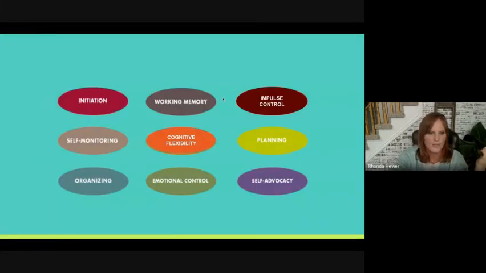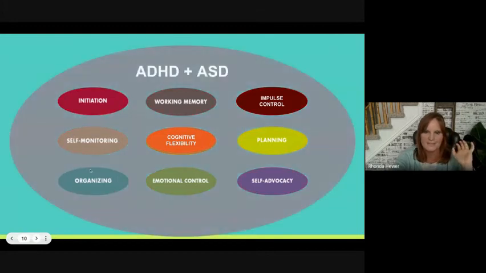Okay, so looking at, here they are again, the components of our executive functioning skills. There is a very interesting research fact that attention deficit hyperactivity disorder, by definition, involves difficulties in executive functioning. So the symptoms of ADHD are intricately linked to the various executive functioning skills.